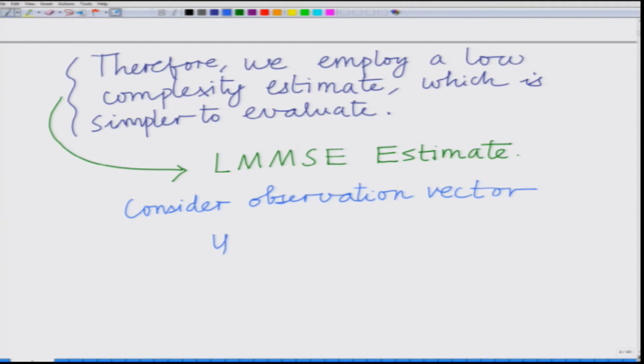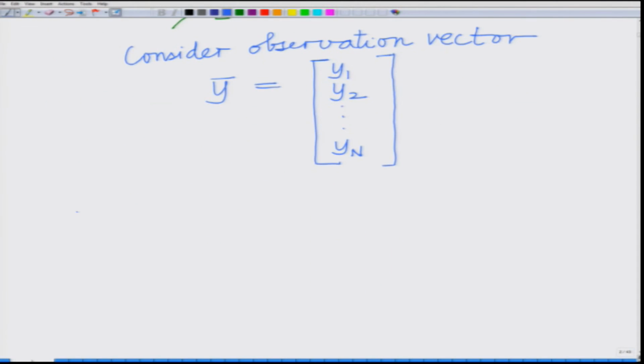Consider the observation vector y bar, which is given by, again similar to previous, the observation vector y bar, comprised of n observations y1, y2 up to yn.